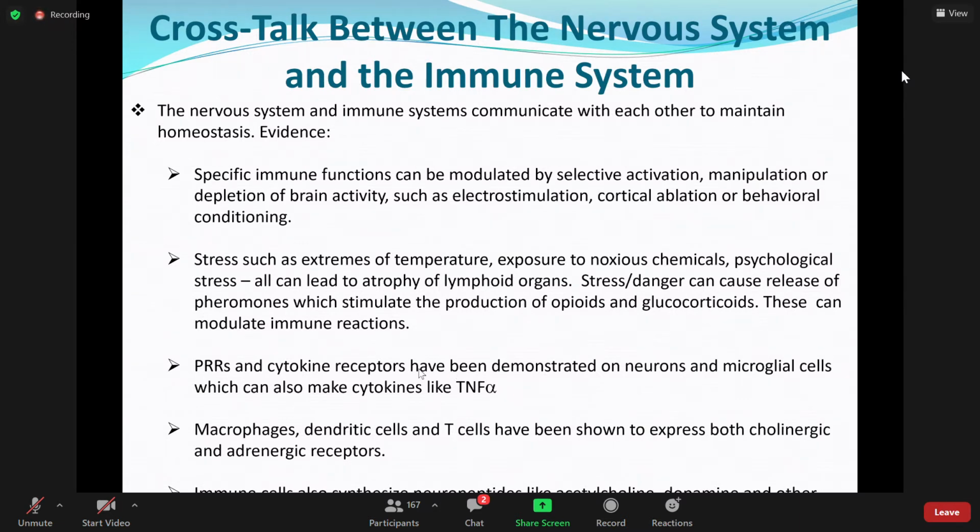And not only do these immune cells express receptors, but they, particularly macrophages, can also express or make neuropeptides like acetylcholine, dopamine, and catecholamines to close this loop between the immune system and the brain.